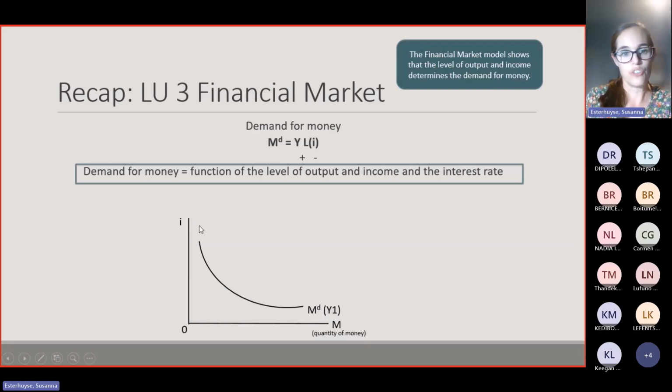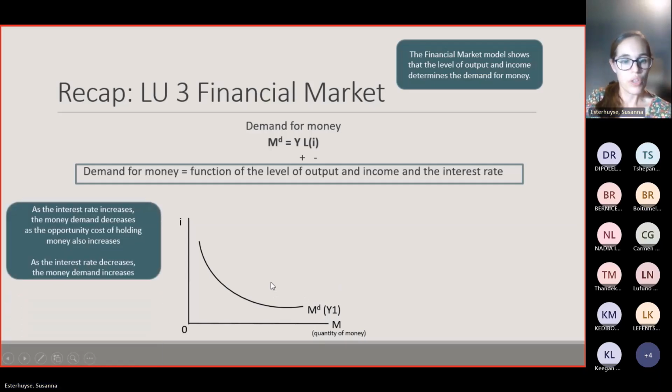So you've got your interest rate on the horizontal axis and your quantity of money on the vertical axis. And you will see from this graph, as your interest rate increases, at this point, your demand for money is less than at a lower interest rate at this point, for example, where you've got a higher demand for money.